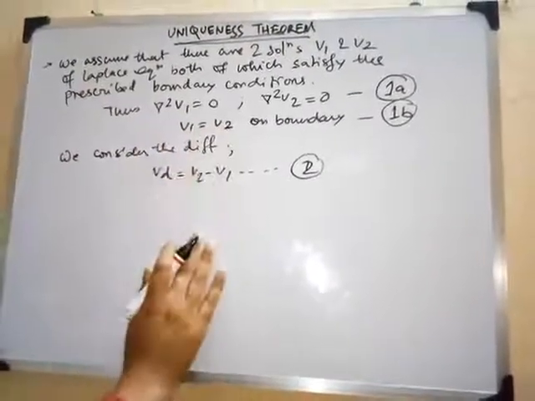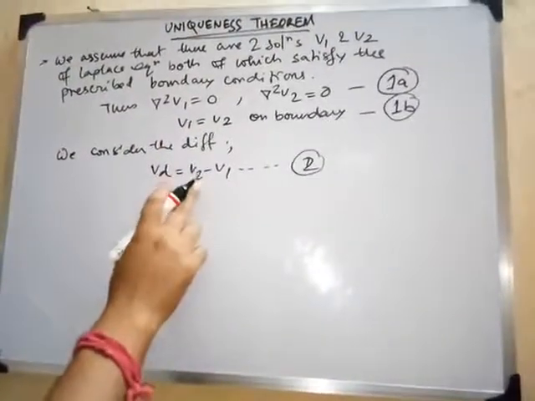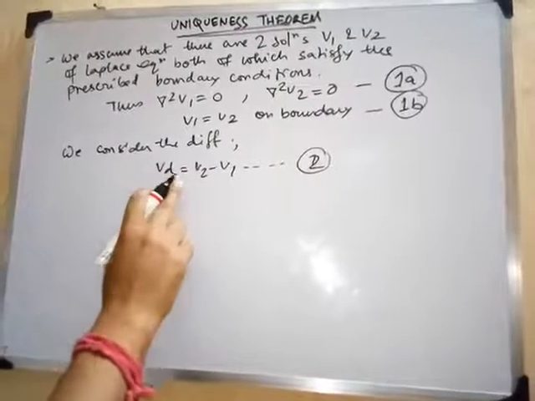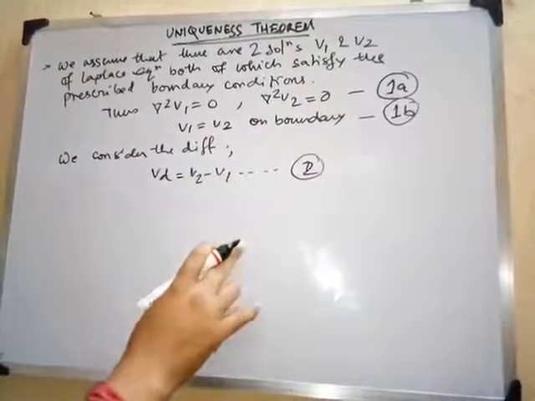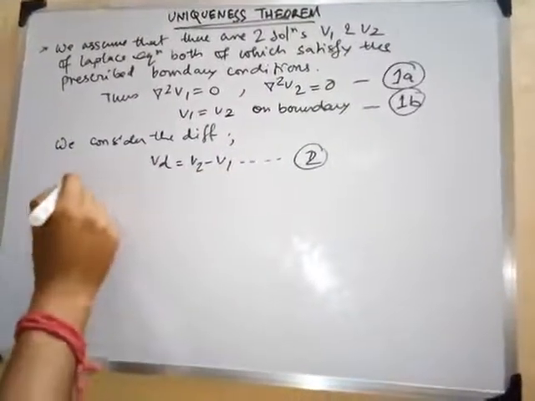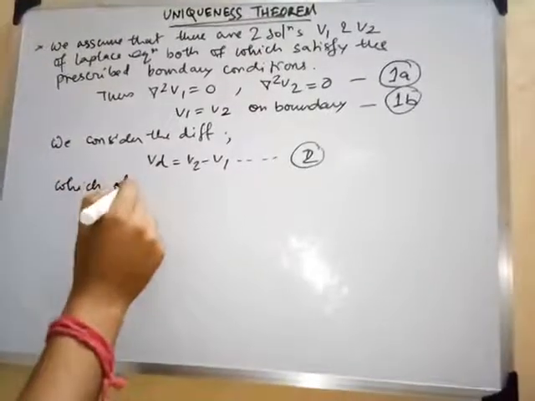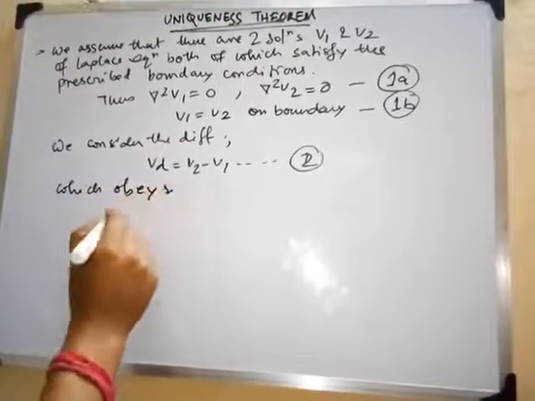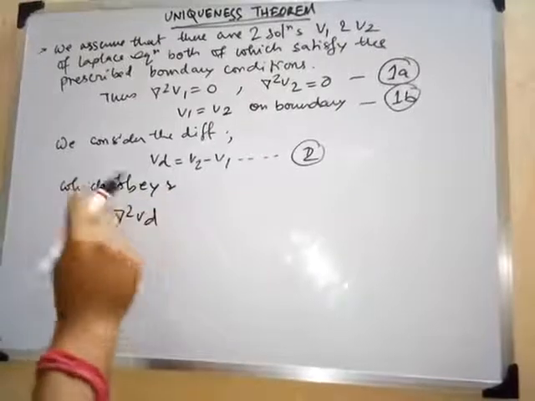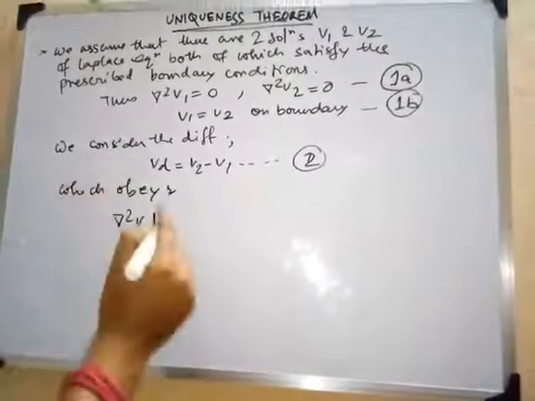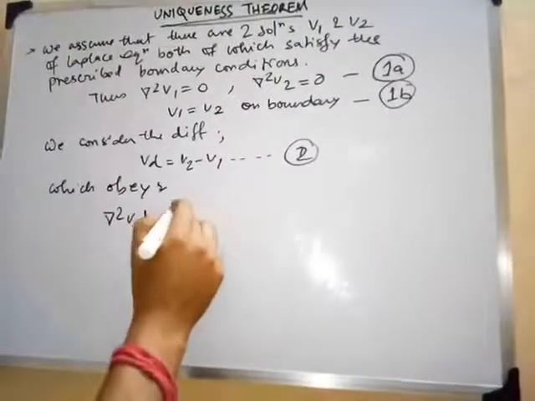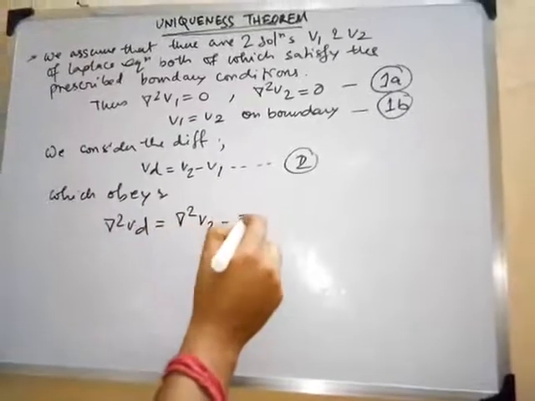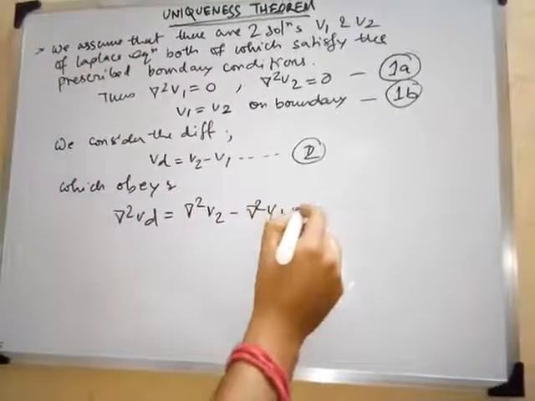Since V1 equals V2 at the boundary, Vd is the difference between V2 and V1 at the boundary, which obeys del square Vd. So del square Vd will be equal to del square V2 minus del square V1, that is equal to 0.